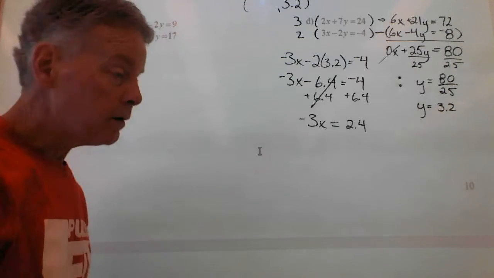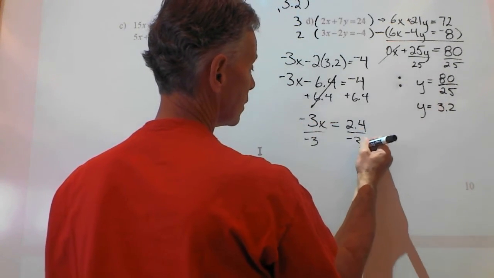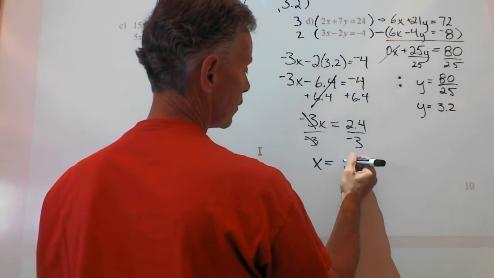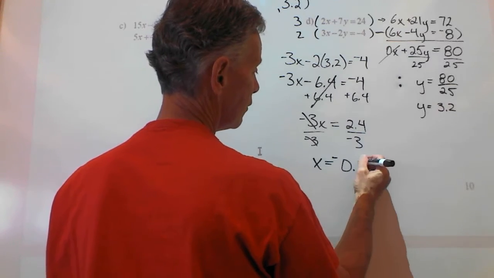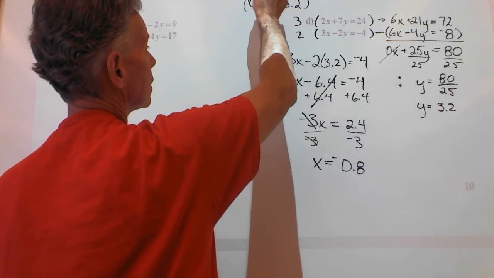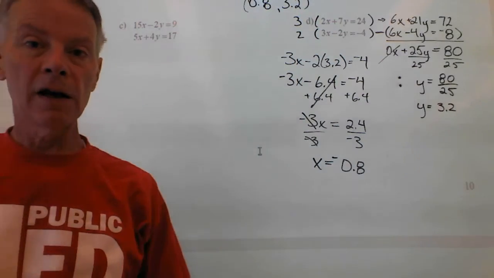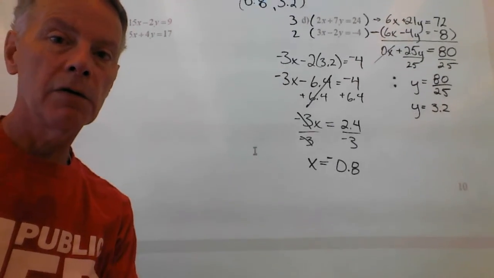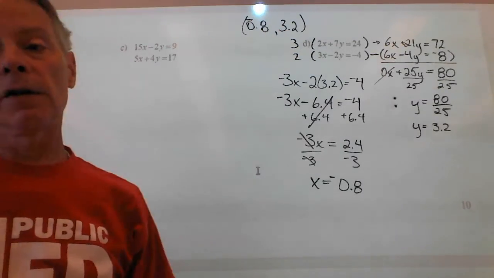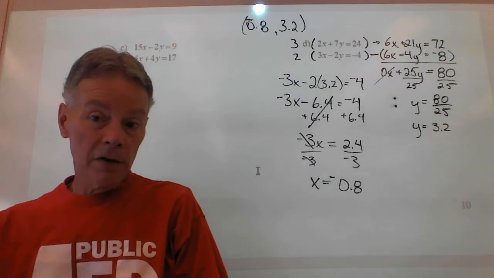And finally, get rid of that 3, divide through by 3, leaving us with x equals negative 0.8, which is our x value. Negative 0.8. And there's our answer. Yes, you will sometimes get decimals, okay? That's life.